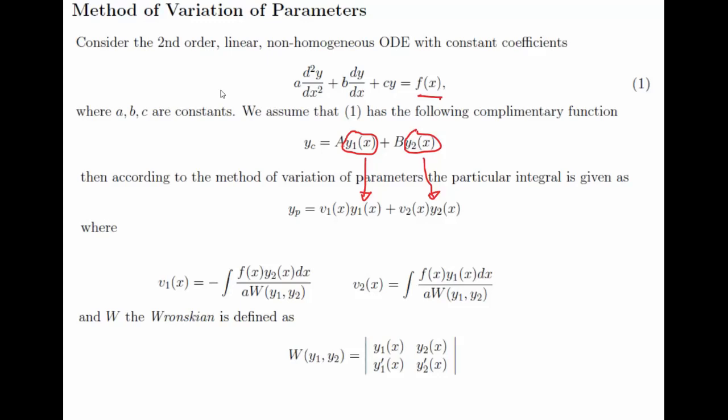Now, if this was y1, y2, y3, you would have the second derivative, third derivative, and so on. It's a square matrix, of course, because you cannot calculate the determinant of a non-square matrix.